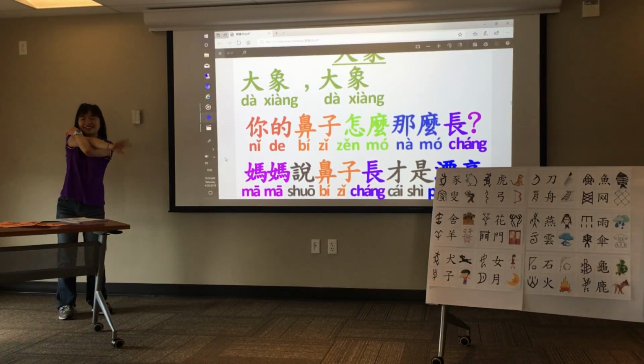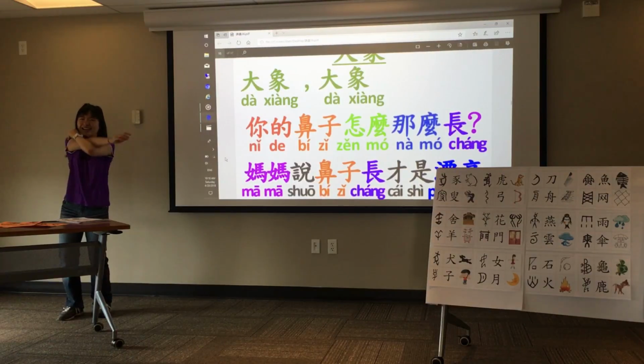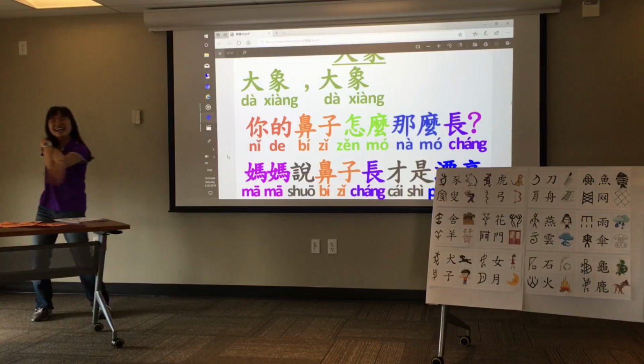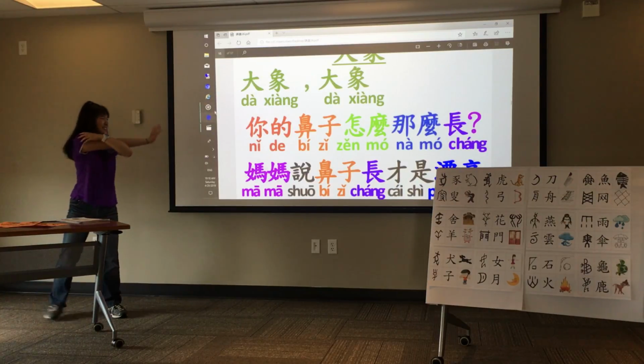Okay, so let's try that again with moves this time. So, can anyone do this? Gotcha. This is an elephant. Yeah. So it's a long nose.